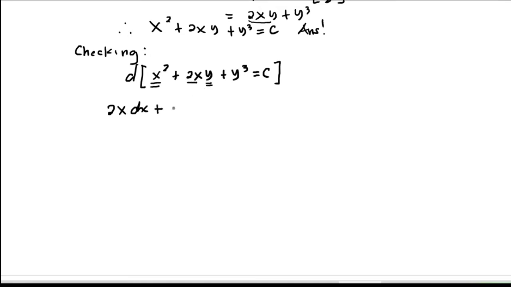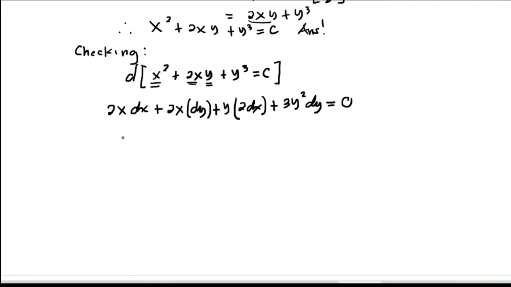So we have u, that is 2x, times dv, that is dy, plus our v is y and our du is 2dx. That is the differential for 2x. Plus the differential of y cubed is 3y squared dy, then equate to the differential of the constant, which is 0.